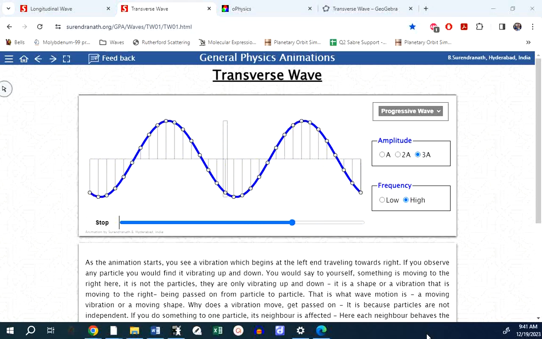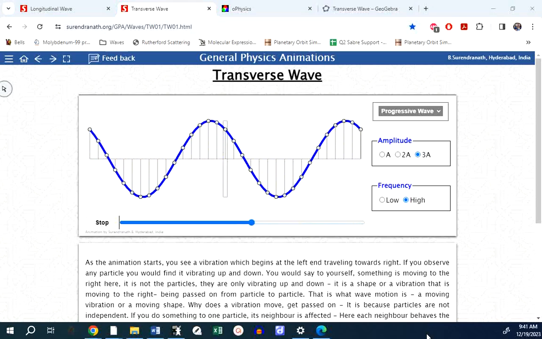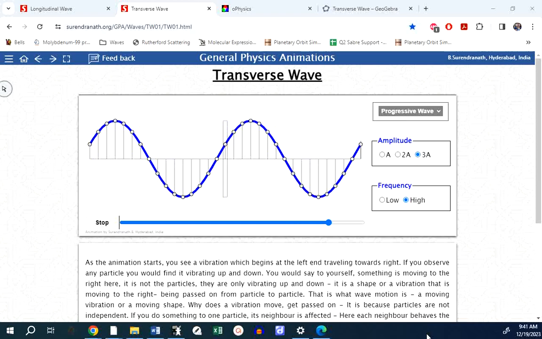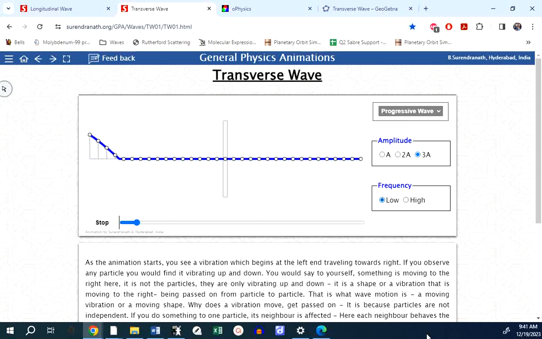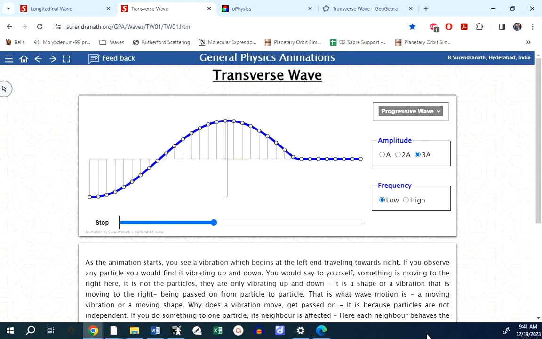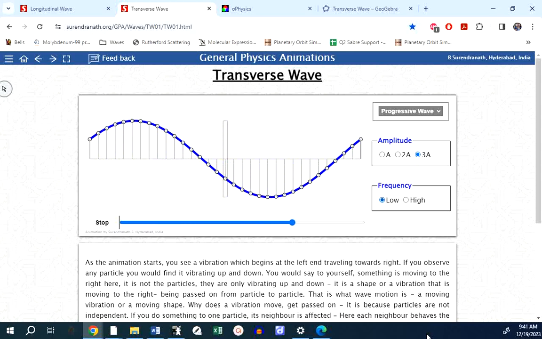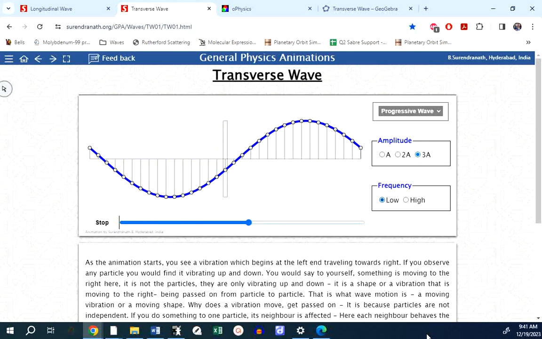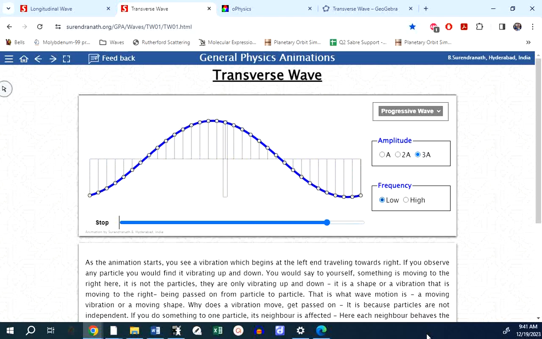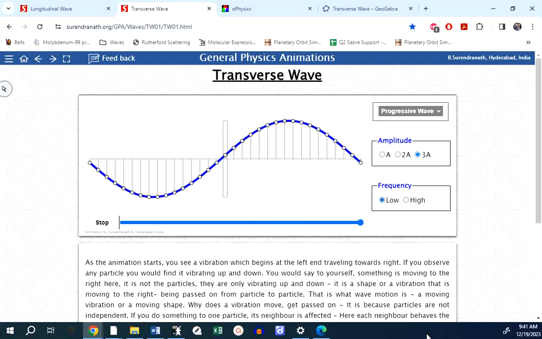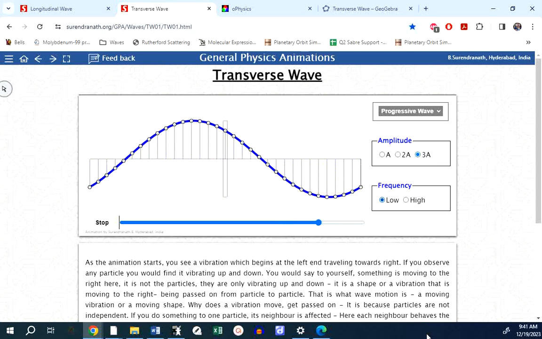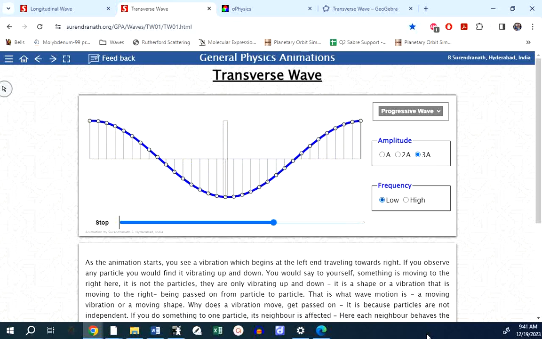But if you take a look at any individual point, every point is moving up and down. I can make that a little easier to follow by going to not as rapid of an oscillation, to what we call a lower frequency. So every single point, and you can see this one that the rectangle is around, every single point is simply moving up and down. Every single point is a simple harmonic oscillator.